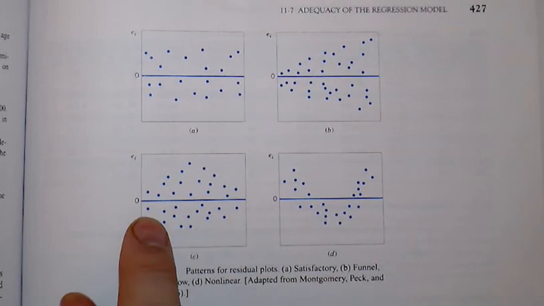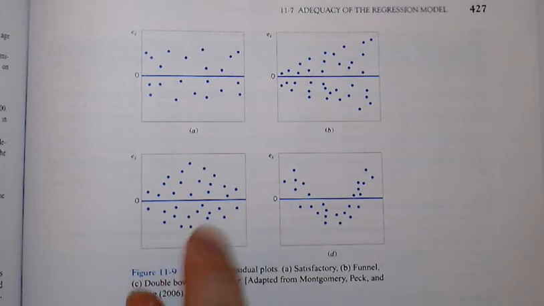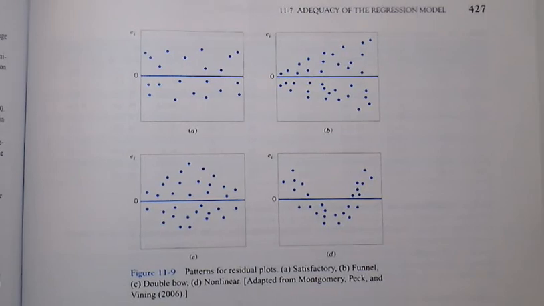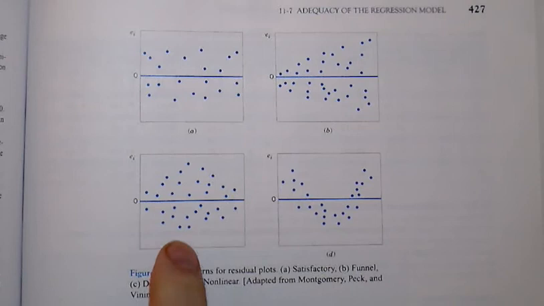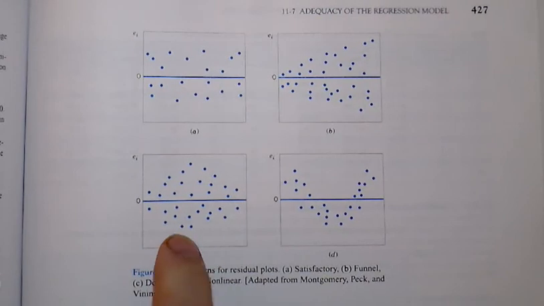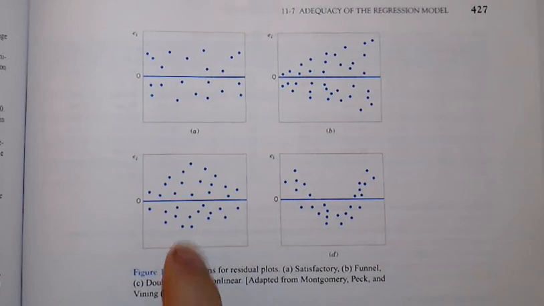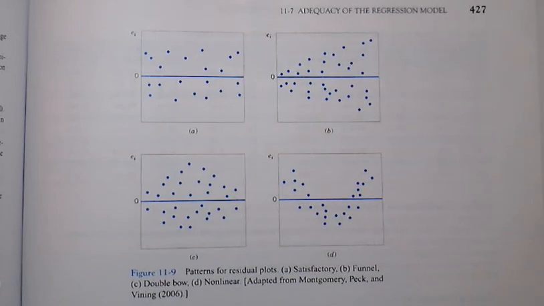It makes you a little bit less comfortable about the linear model that you've created, and maybe we might want to use a different version where we transform the variables of interest into something that might create a linear relationship.